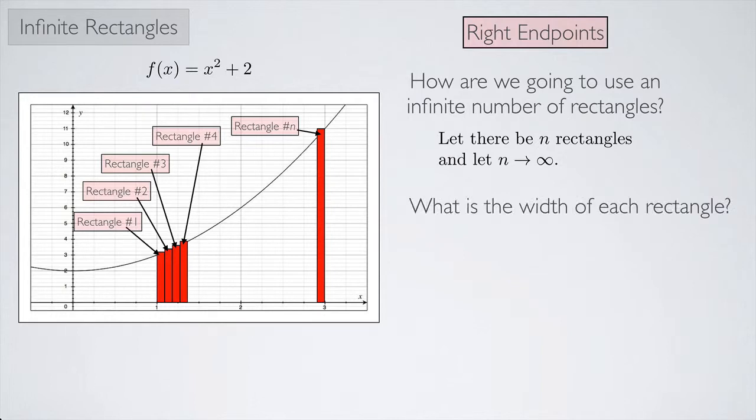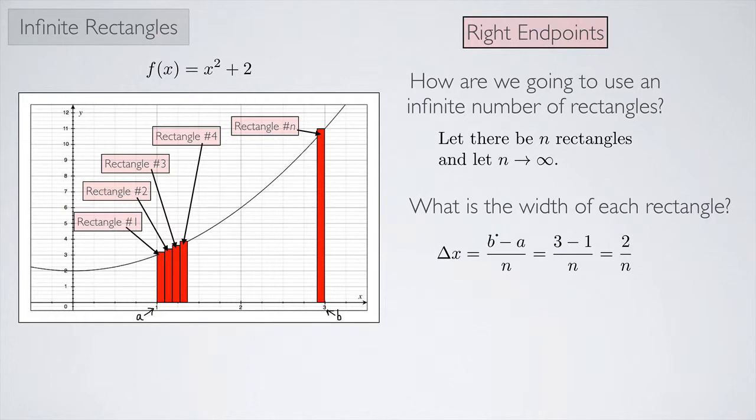And so what's the width of each of these rectangles? Well, we know that delta x represents the width of a rectangle, and we could say that's b minus a over n. So what are b and a? Well, if I let the endpoints of the interval that I'm looking at, in this case 1 to 3, and I let 1 be a, and I let 3 be b, so these are the endpoints of the interval where I'm trying to find the area, then b minus a over n should give the width of each rectangle.